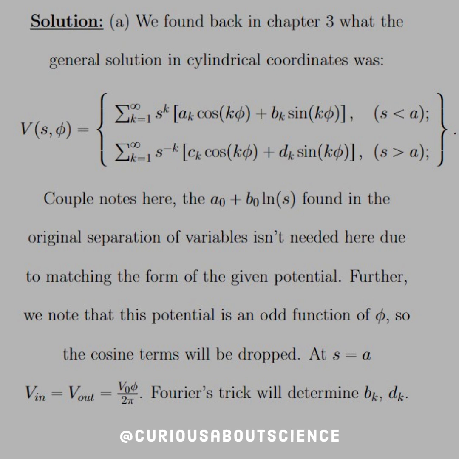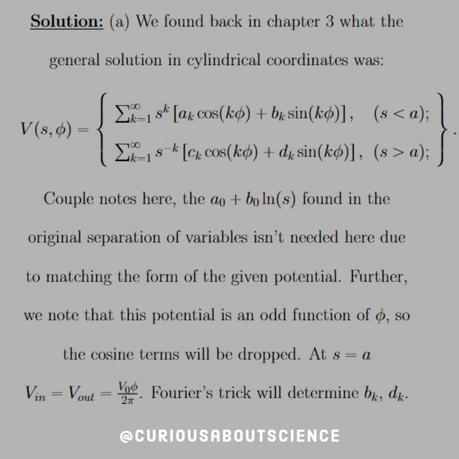Further, what we need to note is that the potential is an odd function of phi, so the cosine terms will drop. Again, this is all trying to match V of a, phi equal to V0 phi over 2 pi. So if we're trying to match things up, we know that we're supposed to be odd there, so let's work with that. We're doing this now so that we can save ourselves a lot of work later.